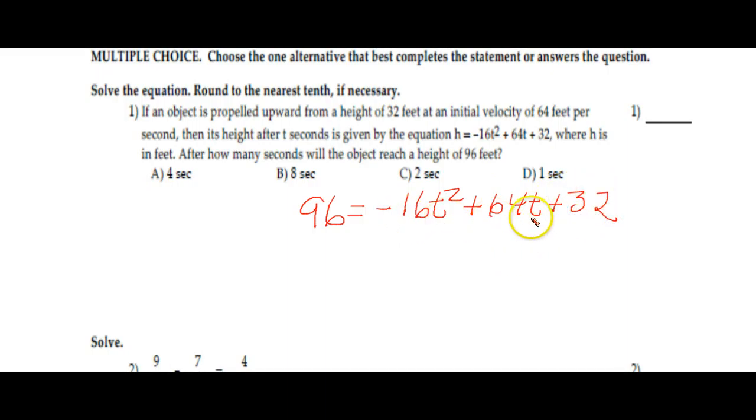So you want all of this to be positive here on this side. So we're going to take this negative 16 and bring it over here. So this becomes now a positive 16t squared.